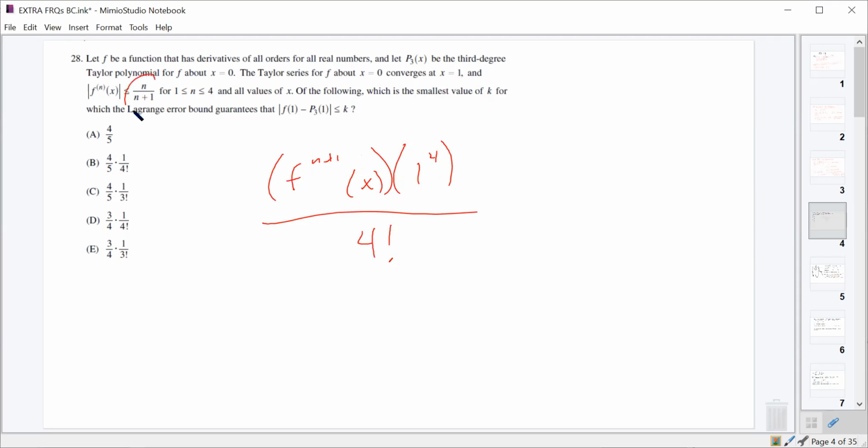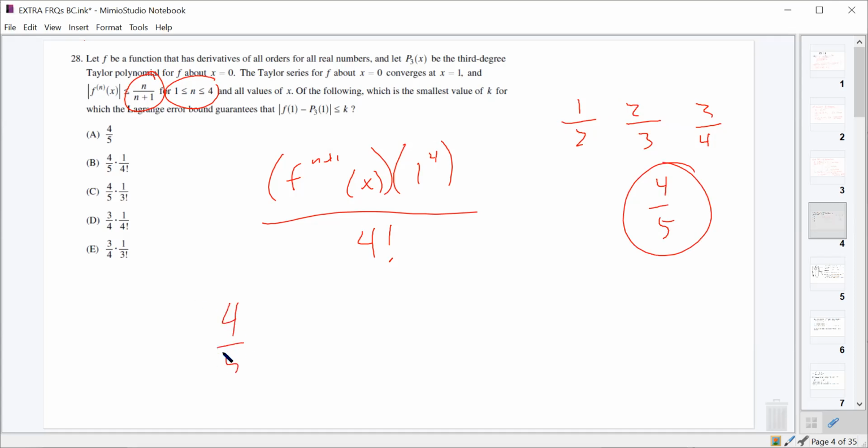If we plug in values into n over n plus 1, between 1 and 4: 1 over 1 plus 1 is a half, the next one would be 2 over 3, if you use 3 you'd have 3/4, and if you had 4, it'd be 4/5. So you want to choose whichever of those between 1 and 4 is the largest possible value. The largest possible value is 4/5.